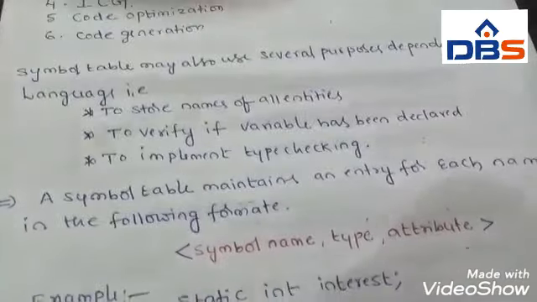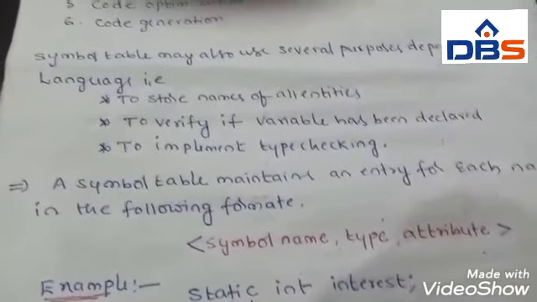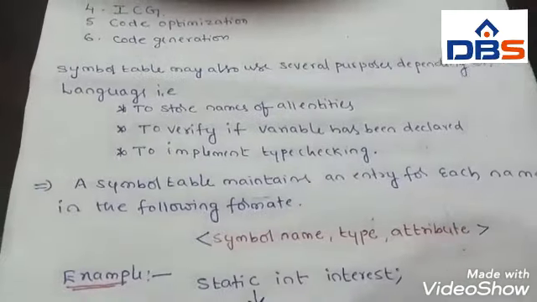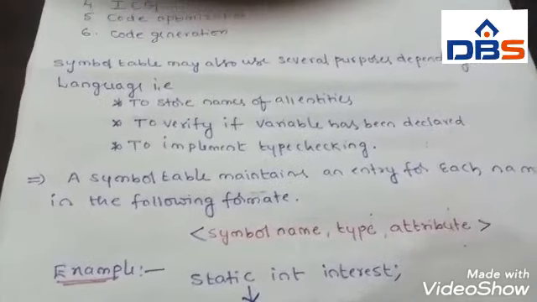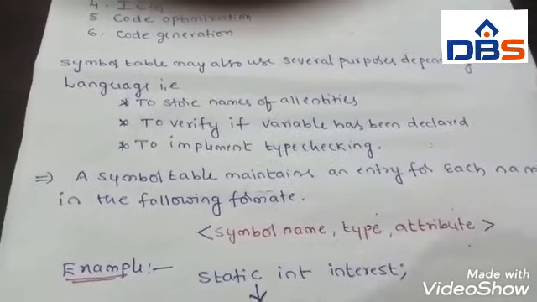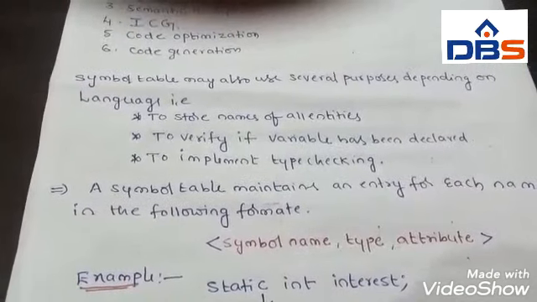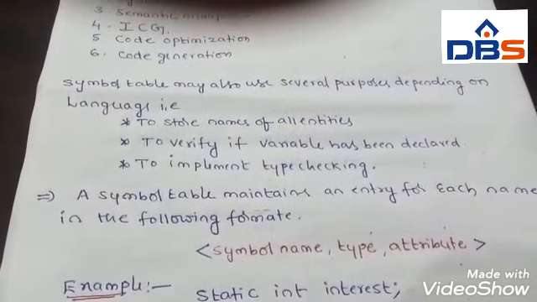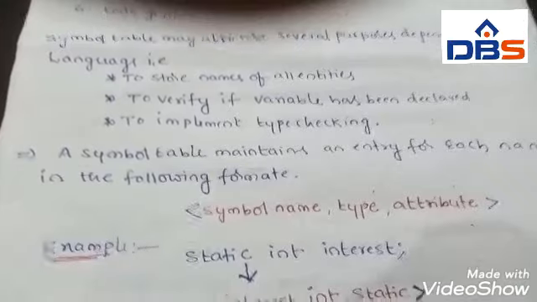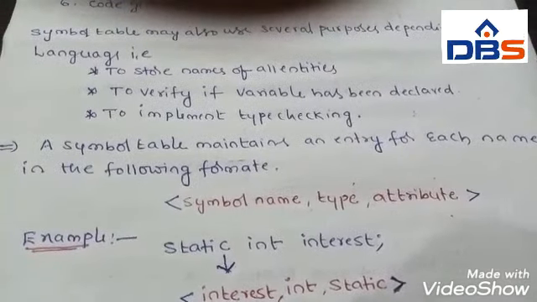A symbol table is simply a table which can be either linear or a hash table. It maintains an entry for each name in the following format: symbol name, type, attribute.